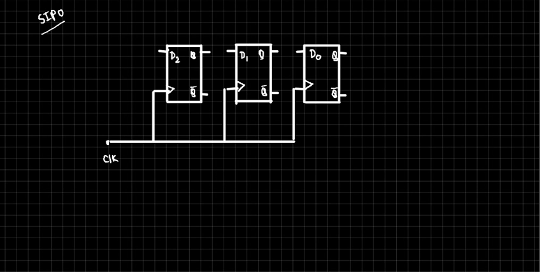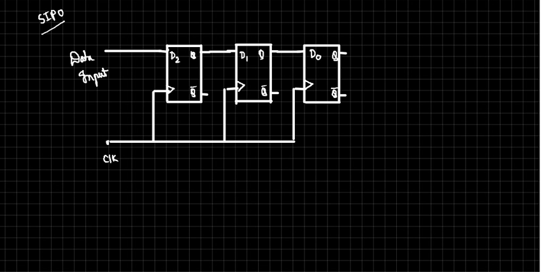You need to feed serially, and also you need to take the output, right? So I can simply retain the circuit something like this. Let this be data in. Can you tell me where the output should be taken from?